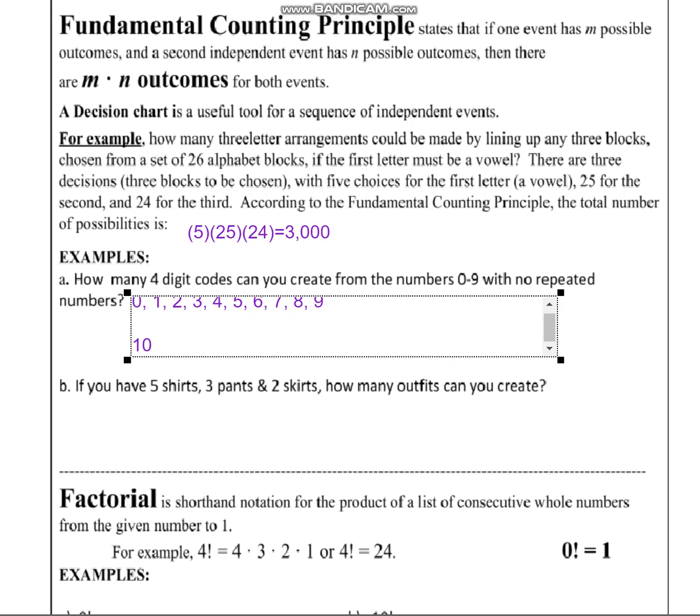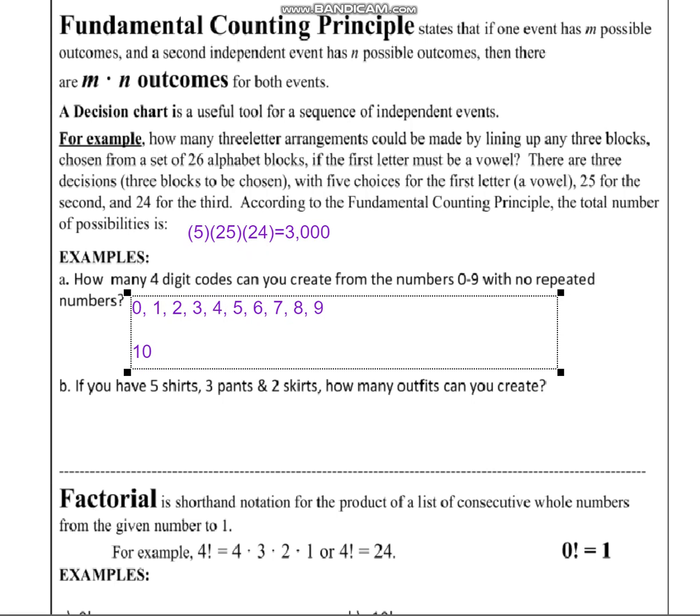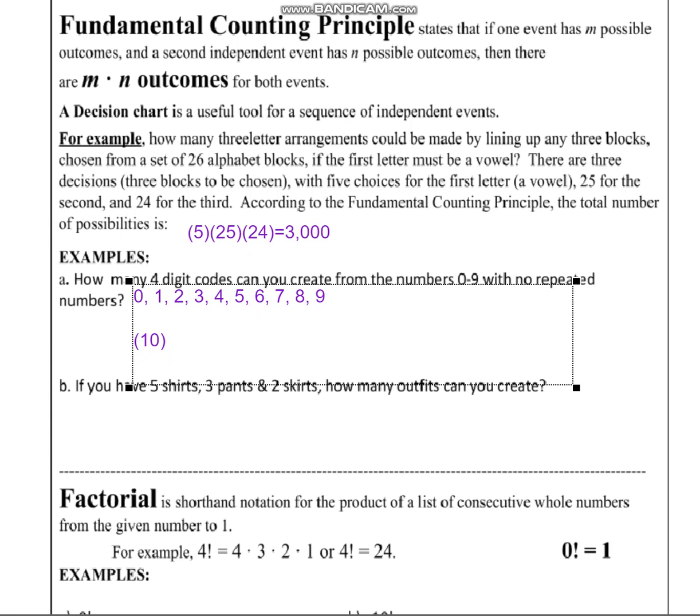So, let me make this a little bit bigger. So our first option, which again I should have put some parentheses around because we'll be multiplying. First option for our first digit, right? So that's where your little chart might come into play, nice and handy. So if I were to move this, we can add first digit right here.